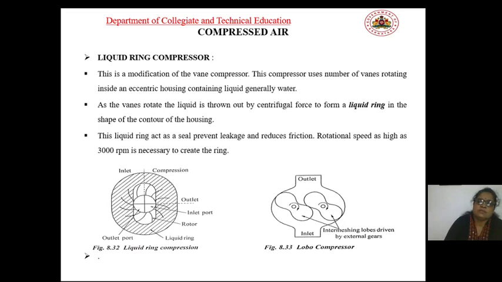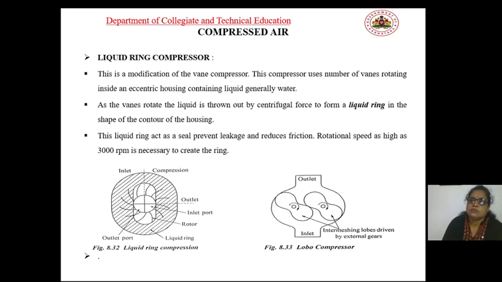Liquid ring compressor. This is another type of vane compressor, or in other words we can say it is a modified form of vane compressor. It has intermediate lobes driven by an external gear.